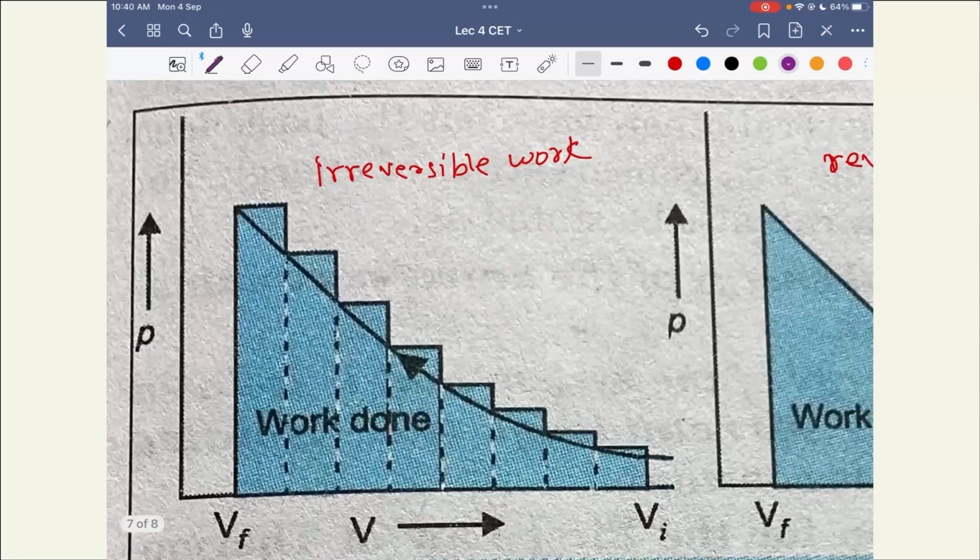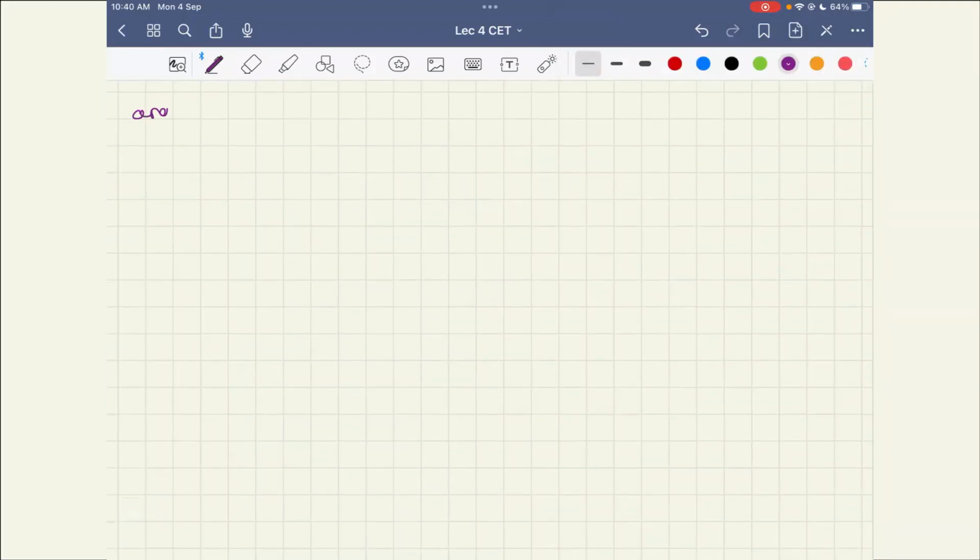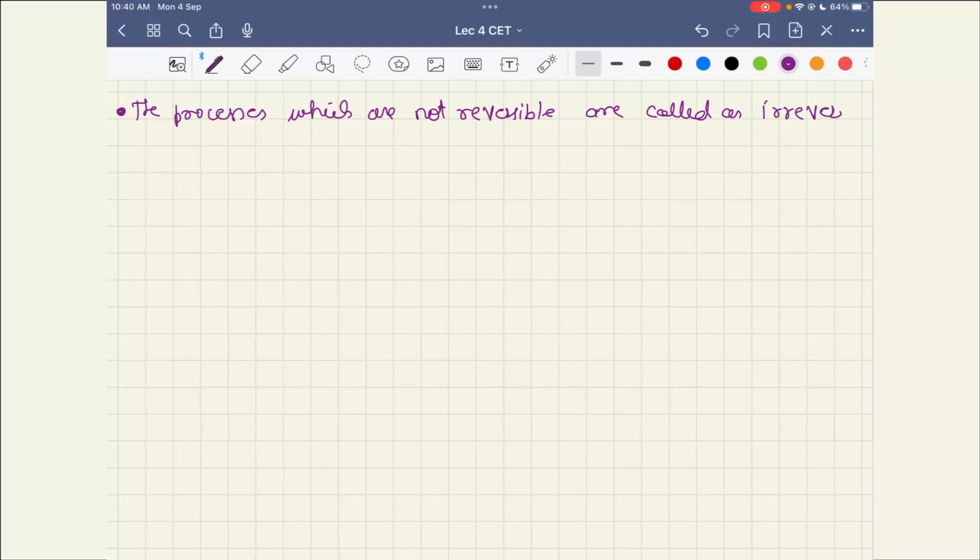And the processes which are not reversible are called irreversible processes.